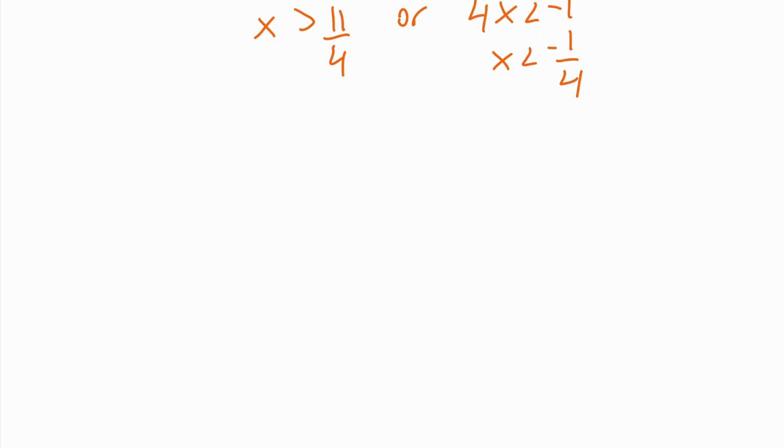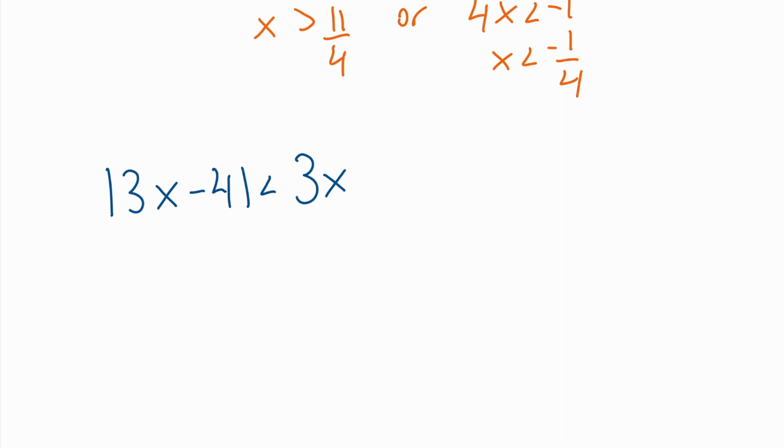Okay, so I want to do one more here where there is a variable on both sides, because this can change it a little bit. So let's say we have the absolute value of 3x minus 4 is less than, well, let's just say 3x. Okay.